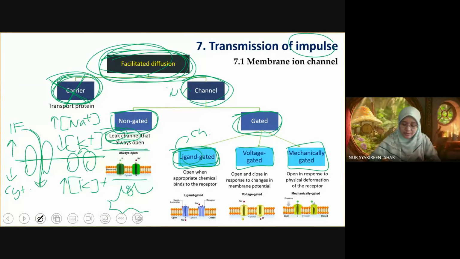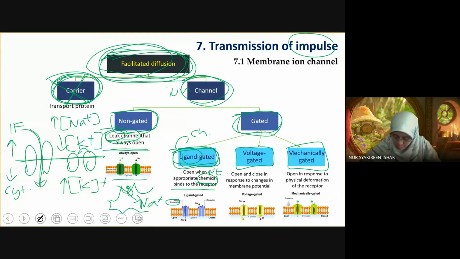When neurotransmitter binds, it causes the channel to open. Sodium enters into the cell, changing the membrane potential from negative to positive. So along the dendrite, there will be generation of graded potential. It opens when the appropriate chemical binds to the receptor. The chemical in this case, for example, is neurotransmitter.